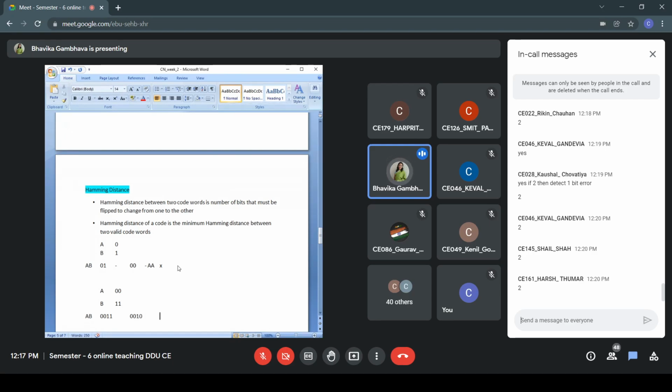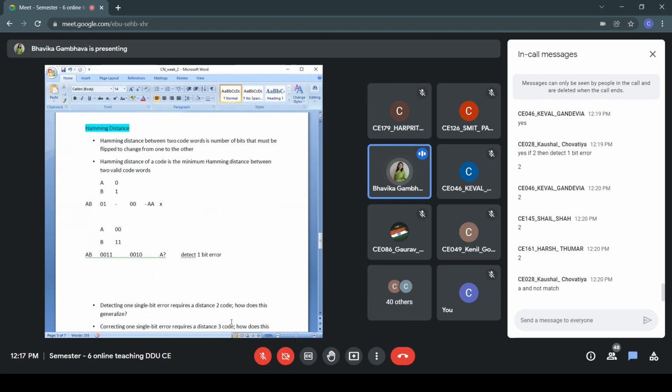When the receiver is receiving this, it knows that 0, 0 means A, but it doesn't know what 1, 0 is. So it will say that, okay, here there is something wrong. I'm not expecting this. So here we can detect a 1 bit error. So now if Hamming distance is 2, I can detect a 1 bit error.